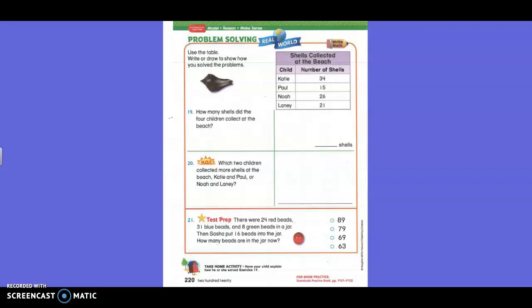Let's look at number 20 for a minute. I'm not going to tell you the answer, but I'm going to talk to you about doing it. It says use this table to answer and solve the problem. Number 19 says how many shells did the 4 children collect at the beach? What do you think you're going to do there?